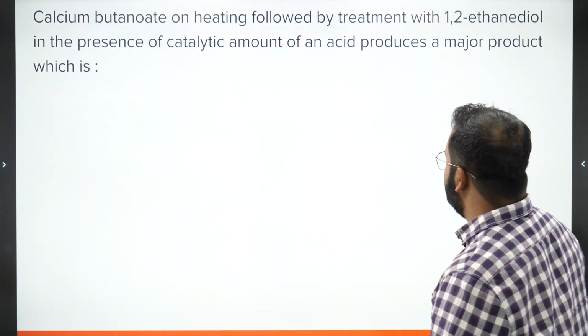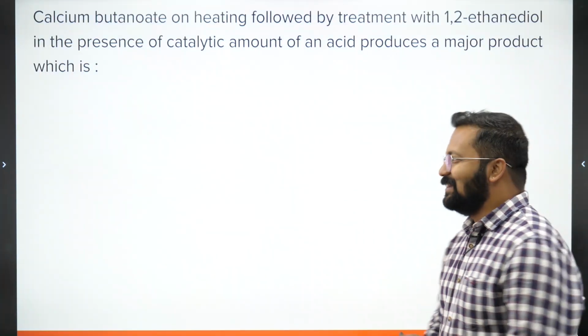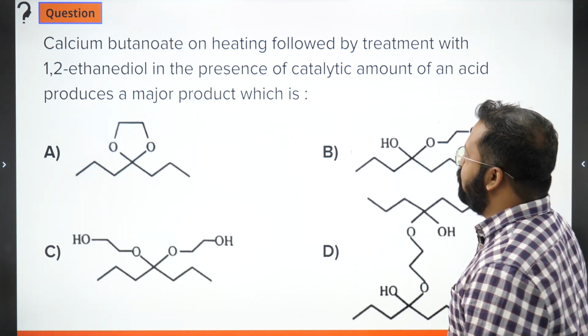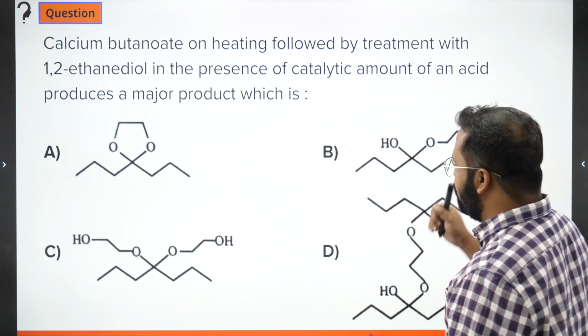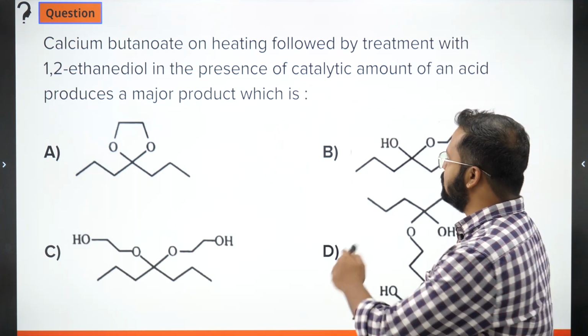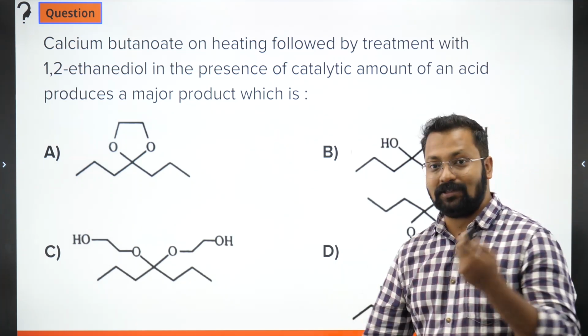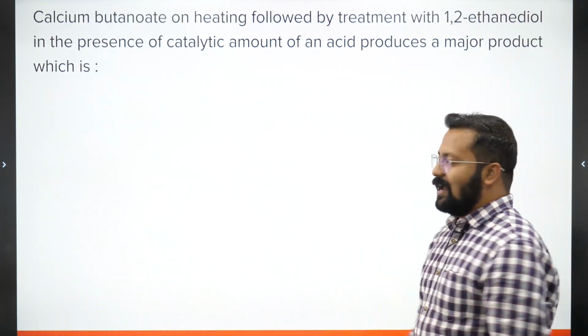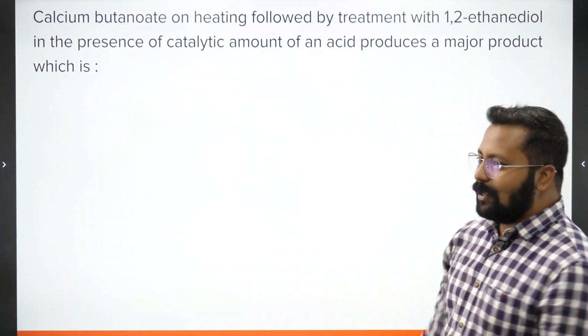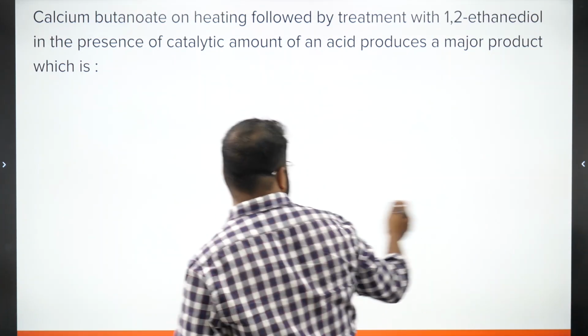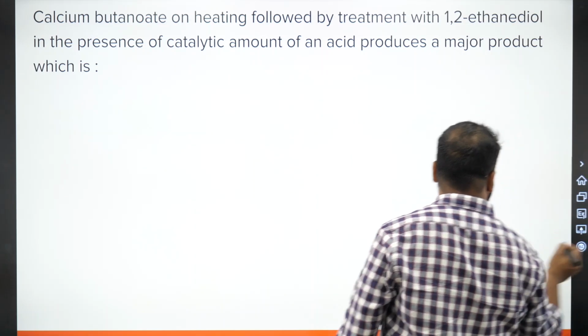Okay, I guess this is the last question. I'm sorry. This is the last question. So calcium butanoate on heating followed by treatment with 1,2-ethene diol in presence of catalytic amount of acid produces a major compound. So how do we react this? Calcium butanoate. So what would calcium butanoate be like?